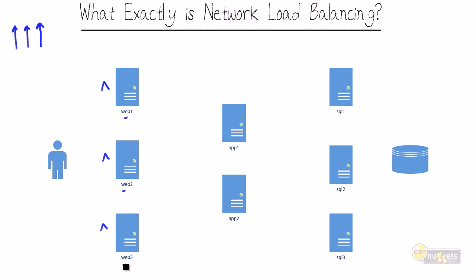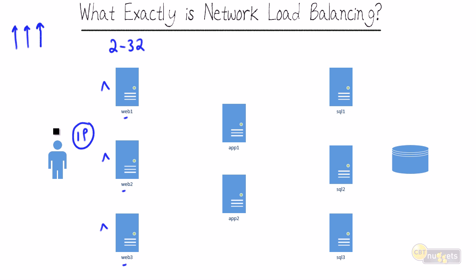Alright, so why is network load balancing referred to as a clustering technology? The main reason, friends, is what we're doing is aggregating between 2 and 32 web servers and presenting that farm, that server farm, technically called an NLB cluster, to our user population under a single IP address and host name.